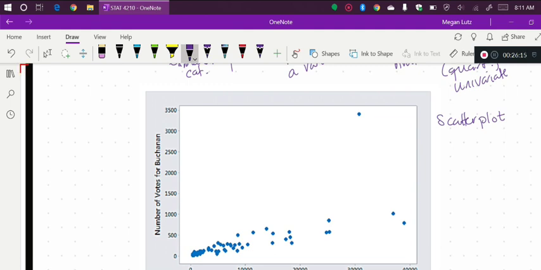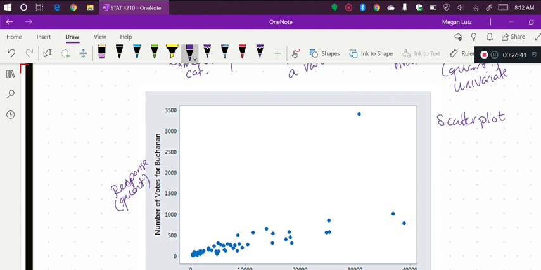The explanatory variable is the number of votes for Ross Perot. It is quantitative. The response variable is the number of votes for Pat Buchanan. It is also quantitative. We can only do scatter plots when we have a quantitative response and a quantitative explanatory variable.